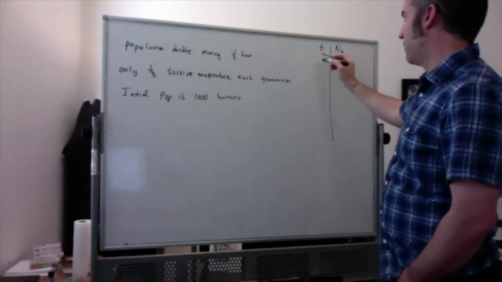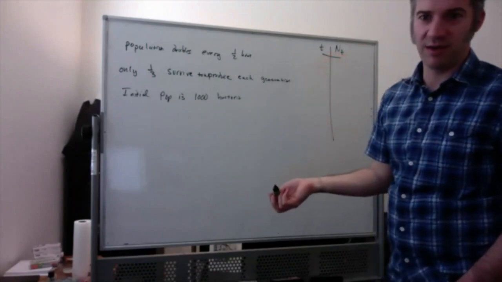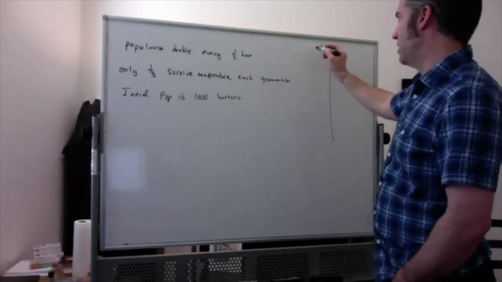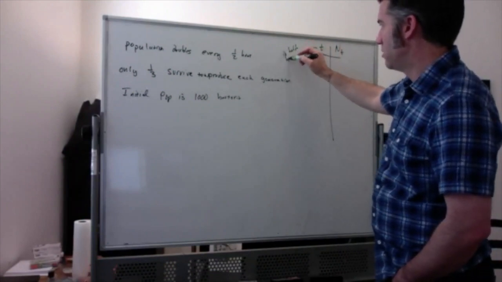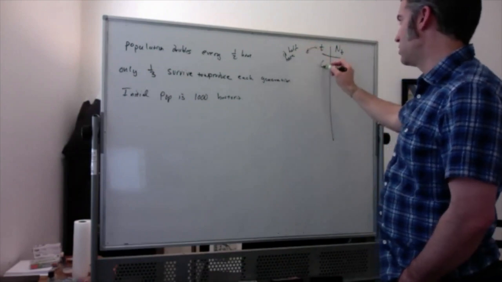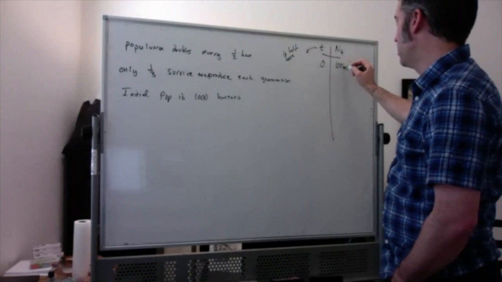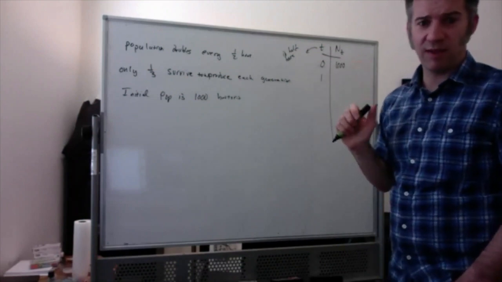When t equals 0, where t is measured in half hours, the number of bacteria you have is 1,000. Okay, so then after a half hour, how many are we going to have?